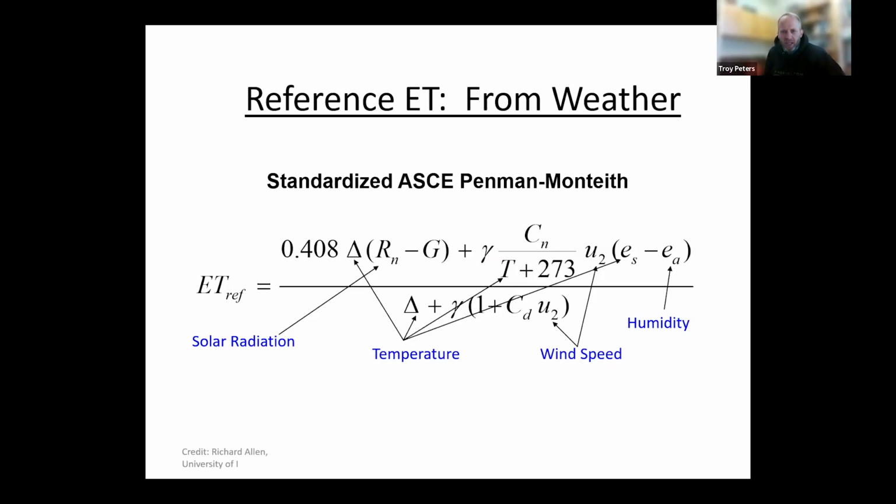Anyway, it's a fairly complicated equation, but suffice it to say it's been calibrated, and it does a reasonable job of estimating how much water a reference crop, which is tall alfalfa, not clipped or cut alfalfa, would use on a given day with those given weather conditions.